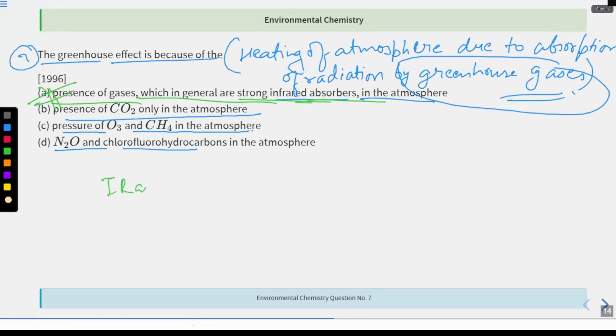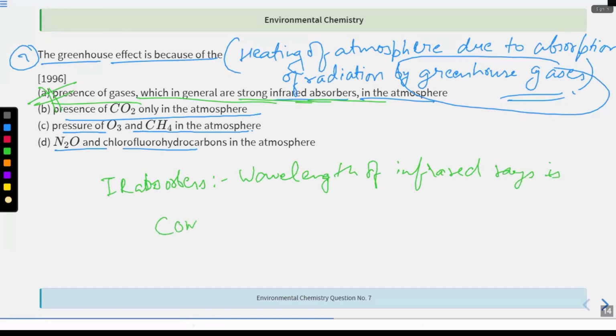And why infrared absorbers? Because the wavelength of infrared rays is comparable with the size of these gases, or you can even say particulate matter.